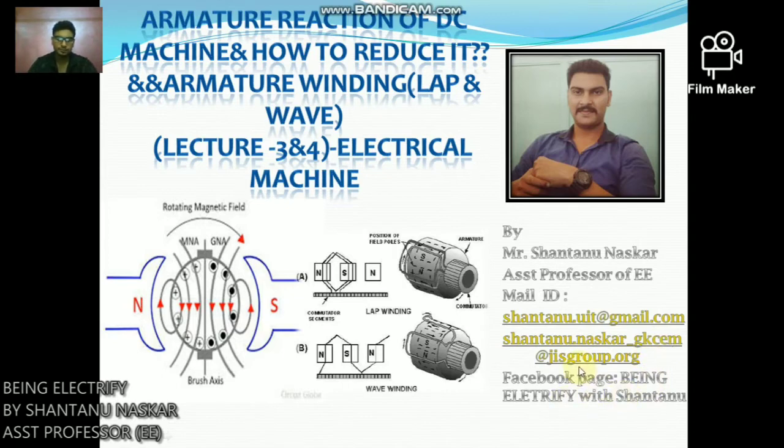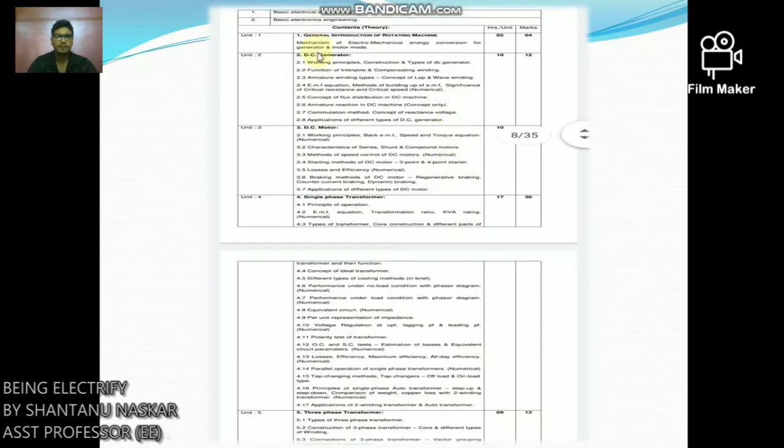At first I will discuss the syllabus of your third semester electrical machine for diploma, West Bengal State Council. So this is the syllabus. Unit 1 is general introduction of rotating machine, which I have covered in my previous lecture.